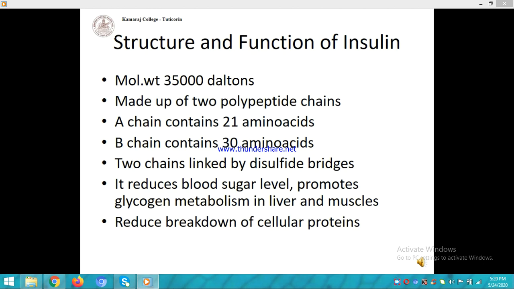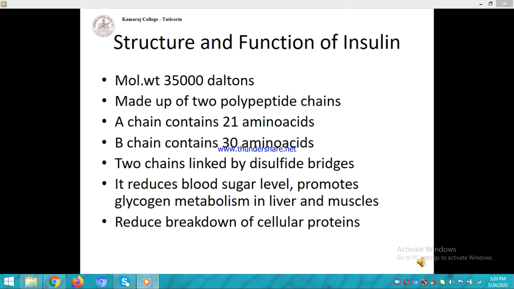Coming to the function of insulin, it reduces the blood sugar level, and it promotes glycogen metabolism in liver and muscles. Whenever the body has excess glucose, the glucose is stored in the form of glycogen.